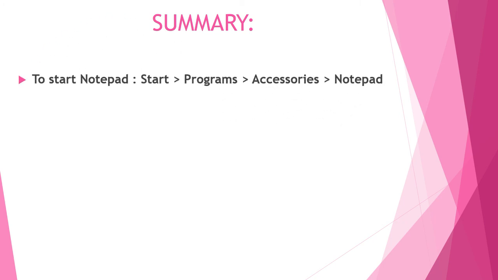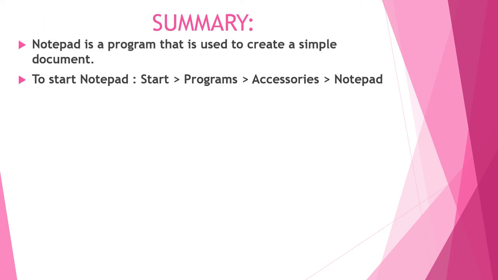Hope students, did you understand the video about using Notepad? Now let's summarize the topic. Notepad is a program that is used to create a simple document. To start Notepad: Start, Programs, Accessories, Notepad.